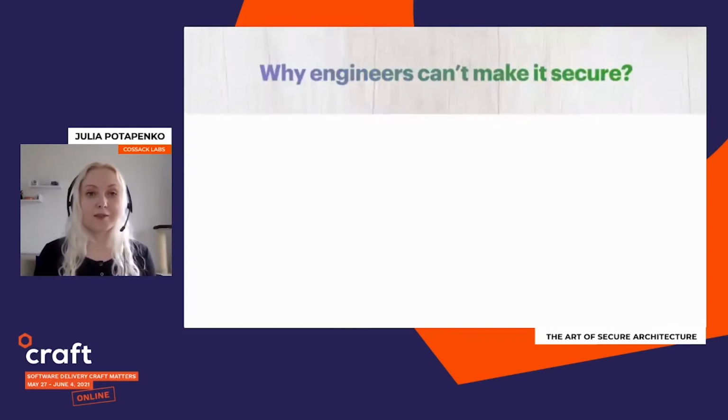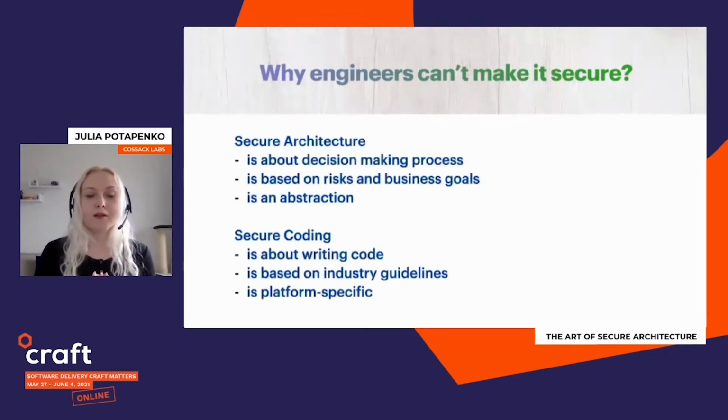And still, this question is pretty common. Why can't engineers make it secure, meaning software engineers? Because secure architecture and secure coding are different things. The thing software engineers can do is write secure code.